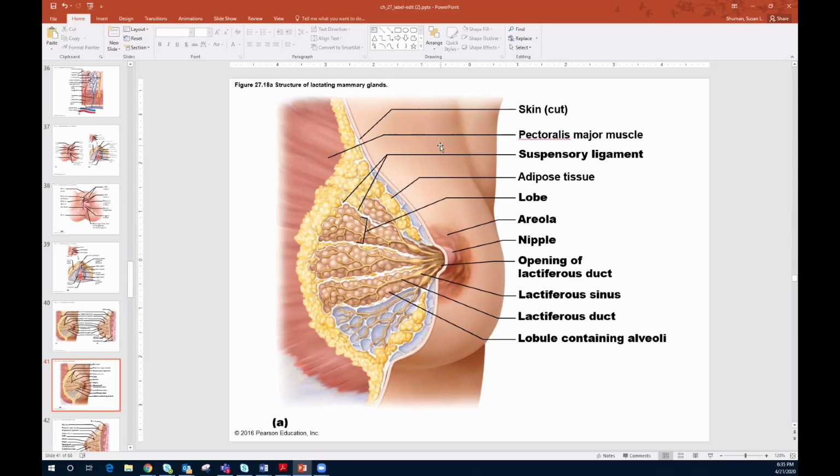So you can see that males and females both have breast tissue. We only get this functional in a female if that woman gets pregnant, unless there's some kind of tumor, in which case all bets are off.